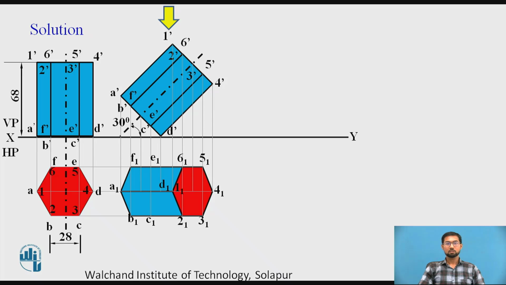Okay. So if you observe, we first complete our boundary, that is A1, B1, C1, 21, 31, 41, 51, 61, E1, F1. So this is our boundary, which will be a dark line.